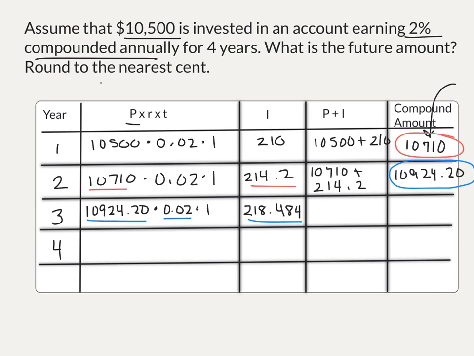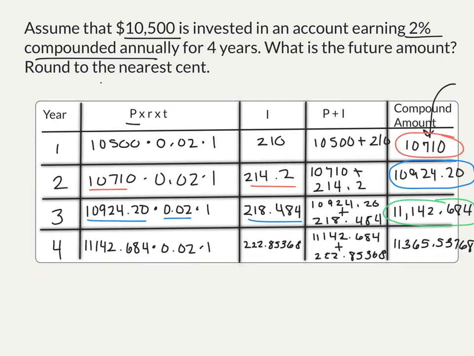Next, we'll go ahead and add 10,924.20 to the 218.484. And when you add those two values together, we get a compound amount of 11,142.684. And that's going to be the new principal for year 4.